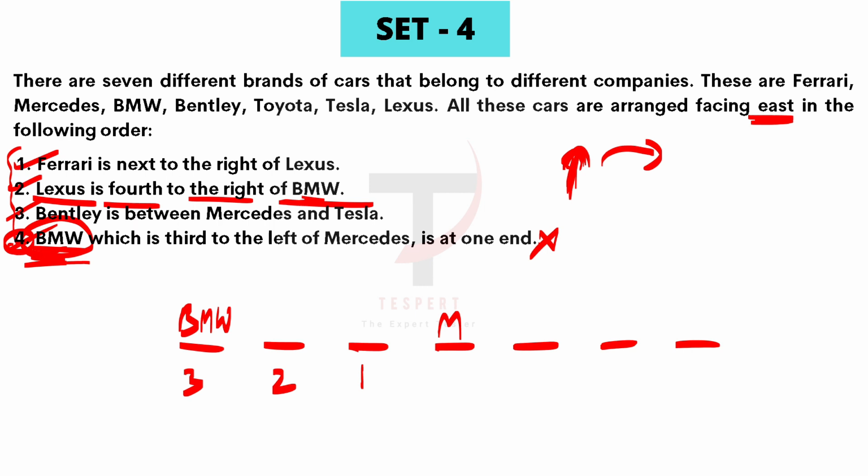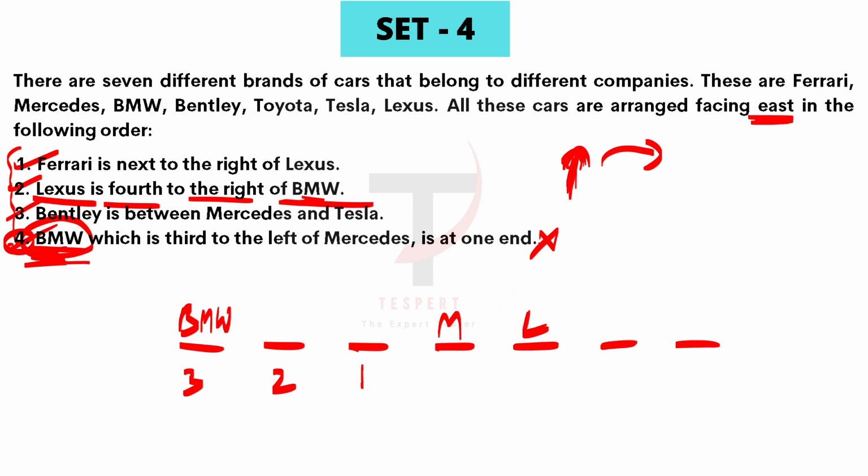So this is first, second, third, fourth to the BMW. This must be Lexus. Okay, let me erase this. 1, 2, 3 and 4. Okay, so the second one is completely ruled out, and we are left with 1 and 3, these two statements.